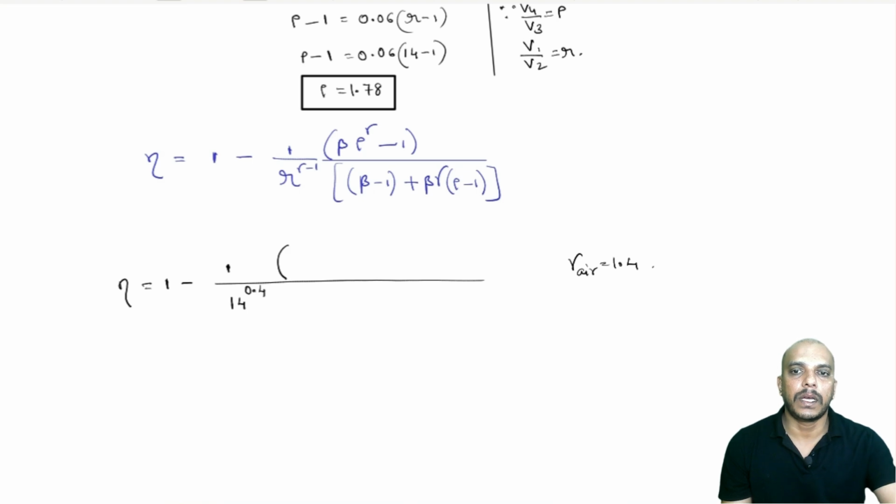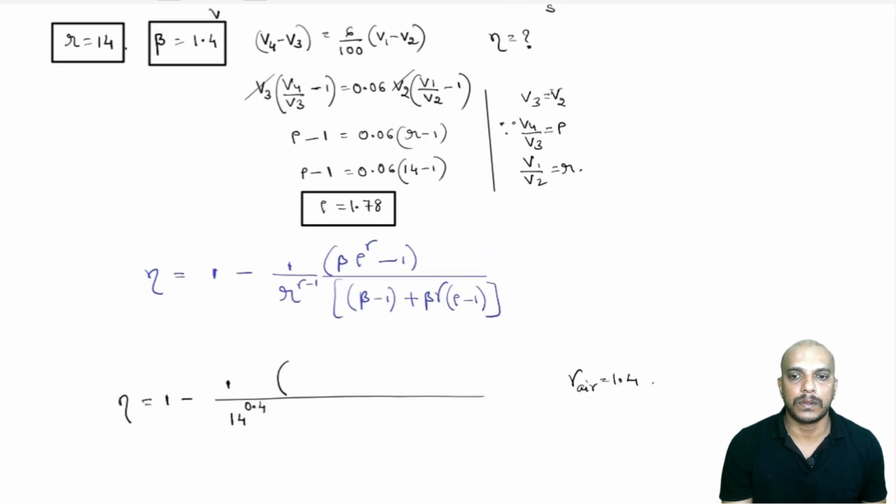Then beta is 1.4, rho is 1.78, power gamma, so that will be 1.4 minus 1, and the whole thing is multiplied with the bracket: beta minus 1, that is 1.4 minus 1, plus beta times gamma, that is 1.4 into 1.4, multiplied by rho minus 1.